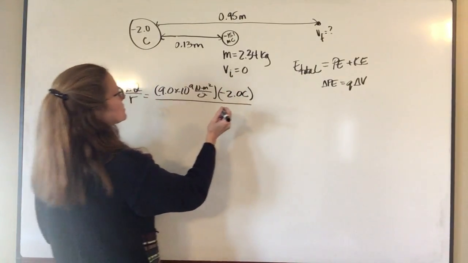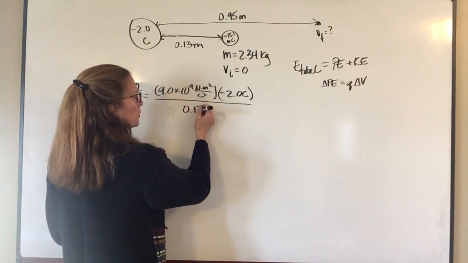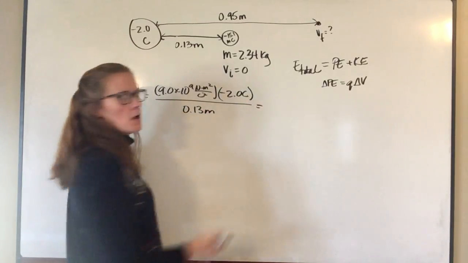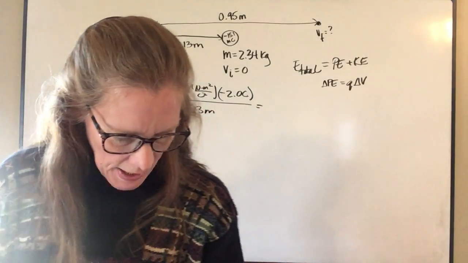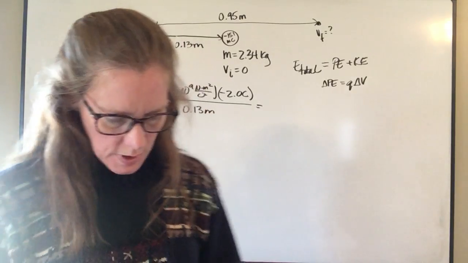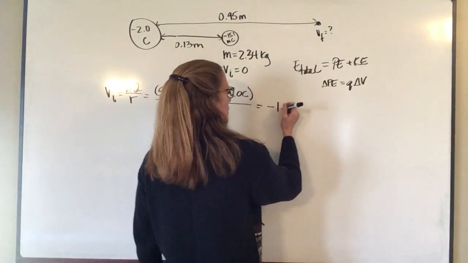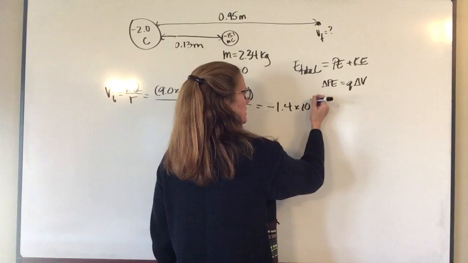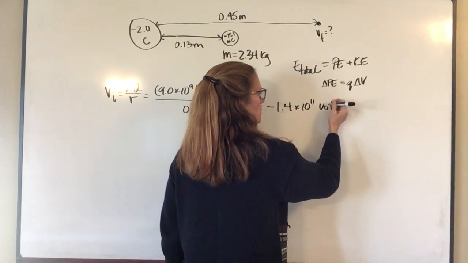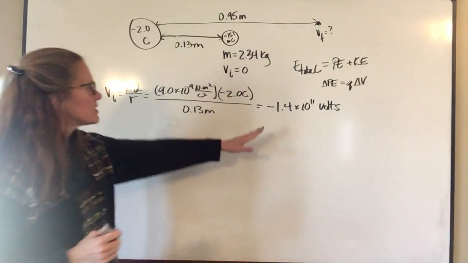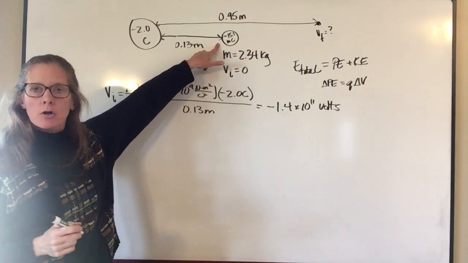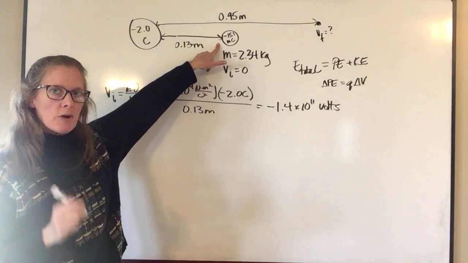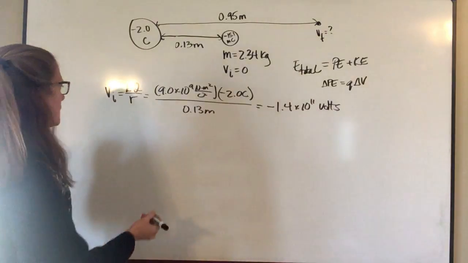And the initial distance away from it is 0.13 meters. So when I plug those numbers in, I end up with a negative 1.4 times 10 to the 11th volts. Volts. So that is my potential when this particle is here, before it ever starts moving, right at the beginning of the situation.